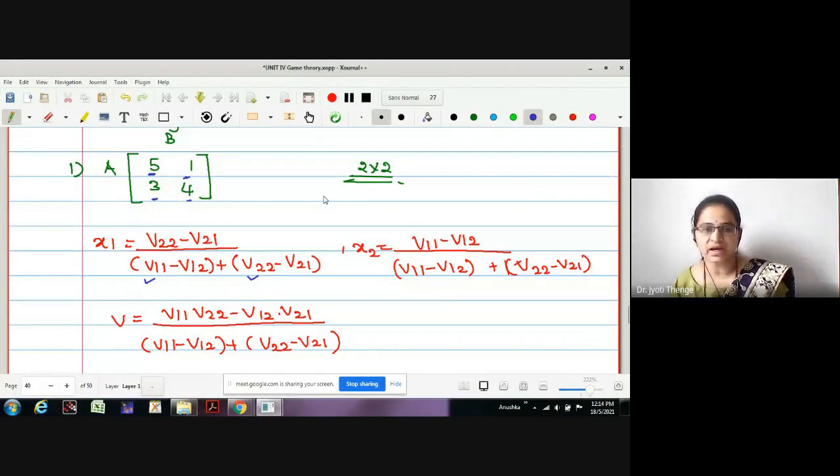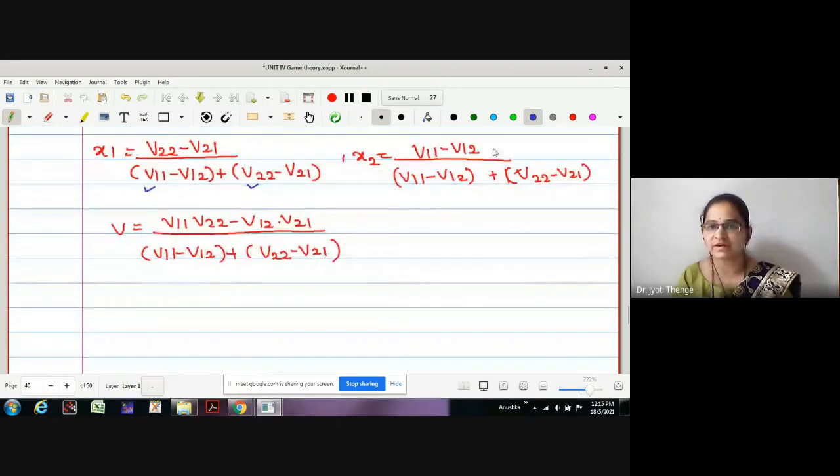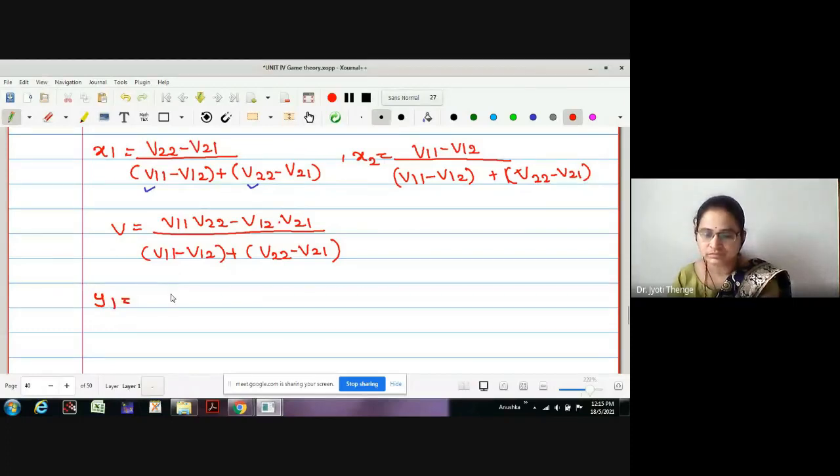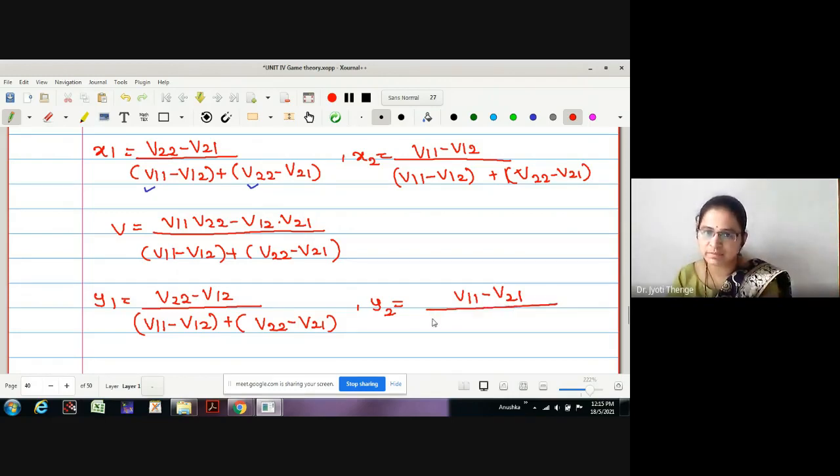Right? Let me write y1, y2 as well. What is y1? y1 is (V22 minus V12) divided by (V11 minus V12 added with V22 minus V21). And what for y2? For y2 we have (V11 minus V21) upon the same denominator.